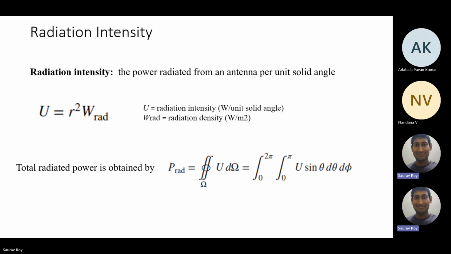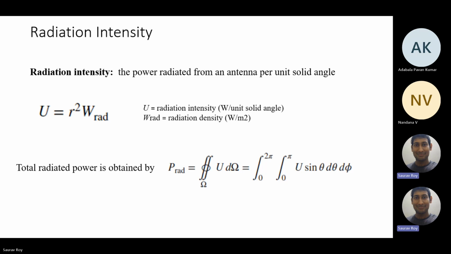Yes, sir. Okay. So the total radiated power, just as in the previous case, is given by the integral of U d omega, where U is the radiation intensity and d omega is the solid angle. This is a bounded integral over some solid angle.